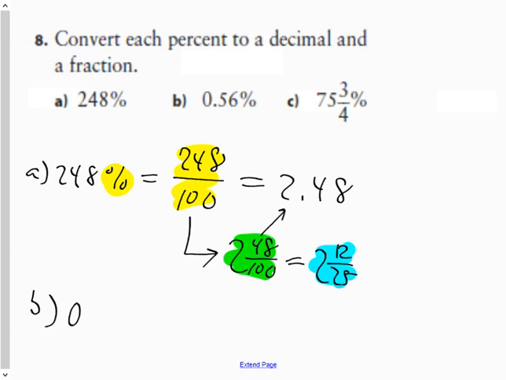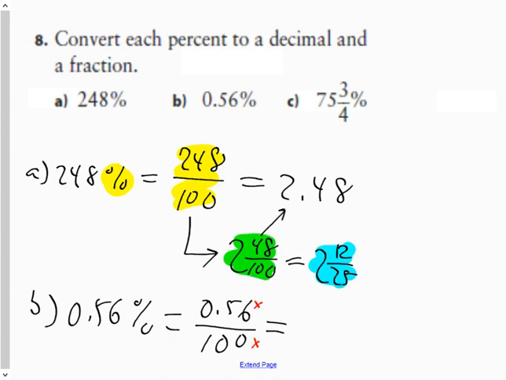With B, I have 0.56%. And as you do these questions, you have to make sure you really understand that that is less than 1%. So as a fraction that we don't normally use, 0.56%, again, because it's a percent, it's going to be out of 100, so 0.56 out of 100. But because I have that decimal in there, I need to multiply it by a number that will get rid of the decimal.